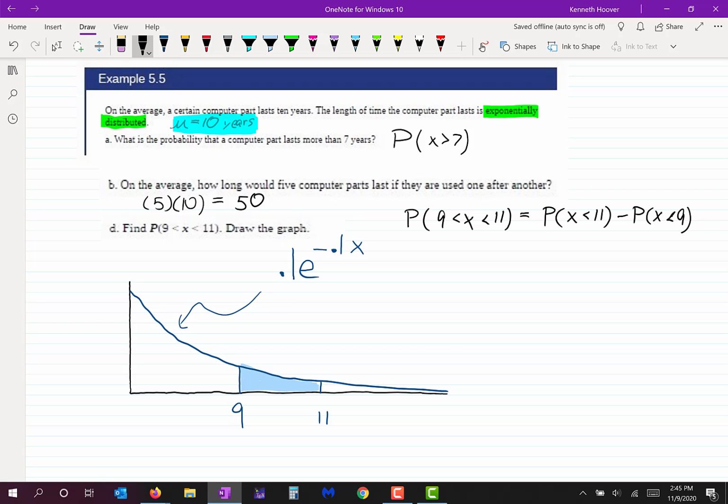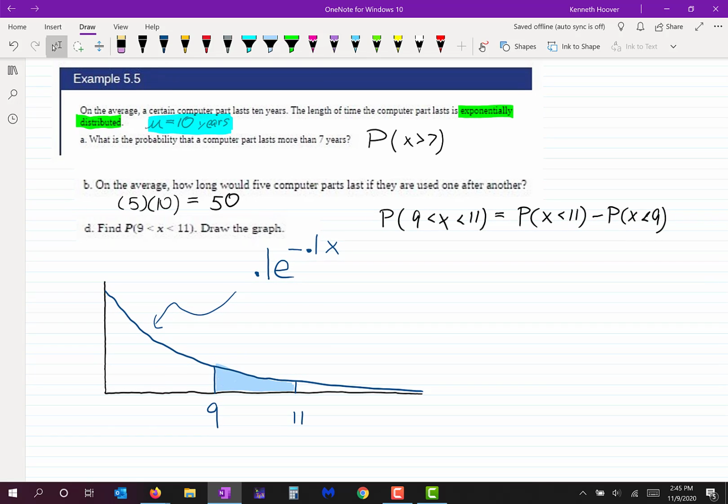And we have a formula for each of those. That's 1 minus e to the negative 0.1 times 11, which will be 1.1. Okay, and the other one's going to be 1 minus e to the power of negative 0.1 times 9, so that'll be 0.9.